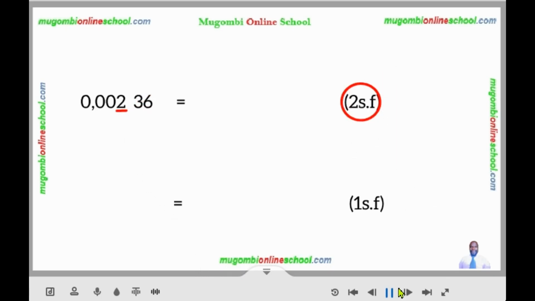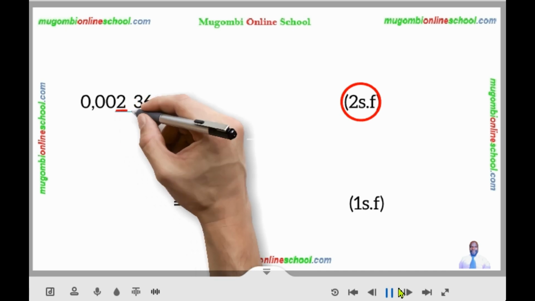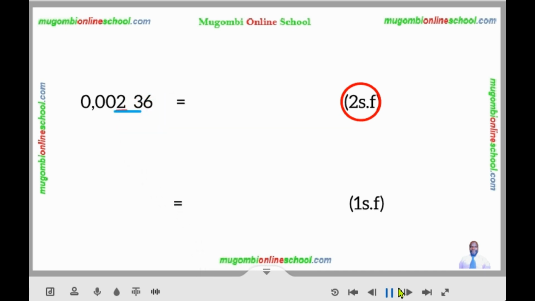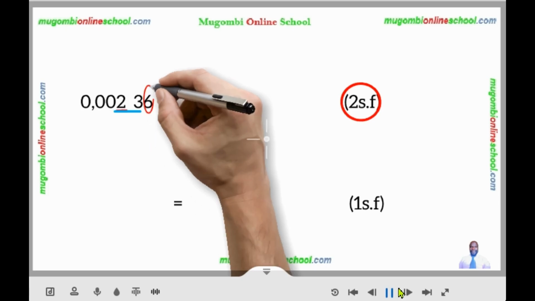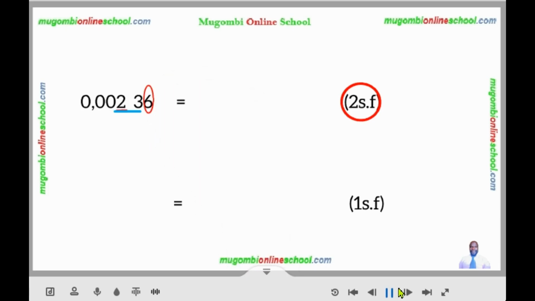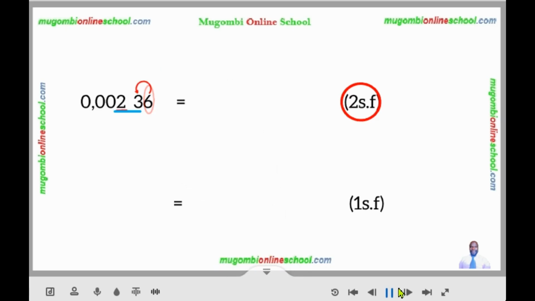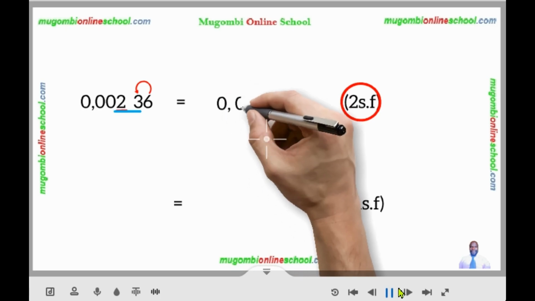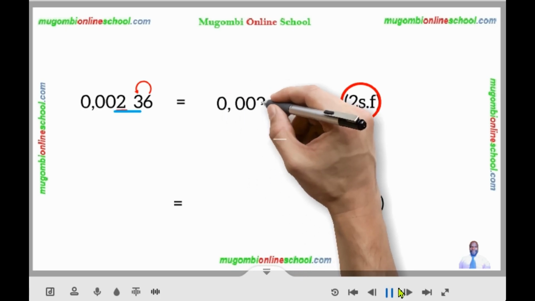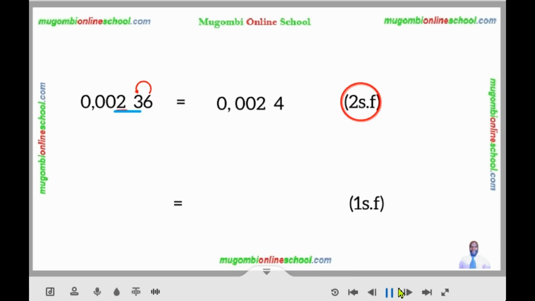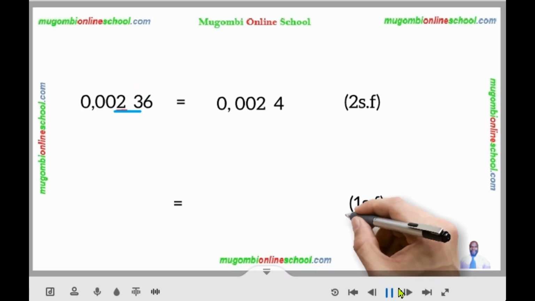And then to 2SF, we count 2 digits from that 2, which is 1, 2 in this case, and then we look at 6. 6 is above 5, so we are adding 1 on the previous digit, and our answer becomes 0.0024. And 6 turns into 0, and it is insignificant in this case because it is after a comma.